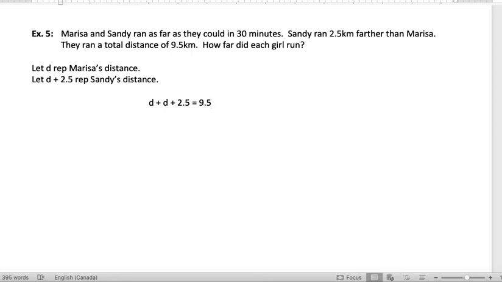So here you're going to solve the equation. So collecting the like terms, 2D is equal to 9.5 minus 2.5. So without showing it, I took this 2.5 and I sent it over to this side of the equation and changed the integer sign to subtraction.